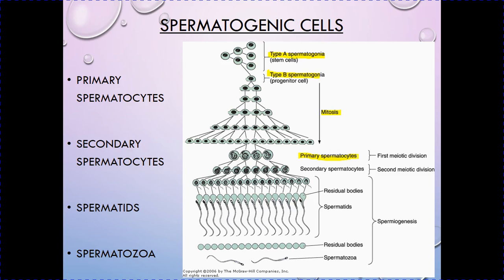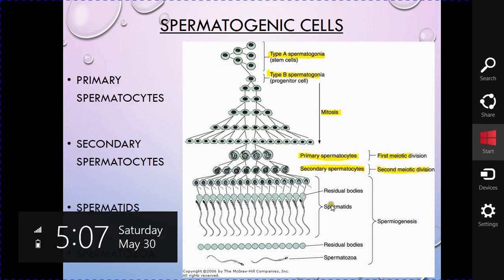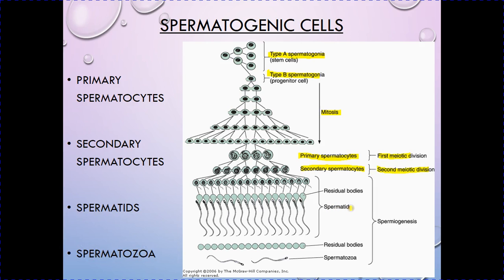Primary spermatocytes undergo the first meiotic division and form secondary spermatocytes. The secondary spermatocyte undergoes the second meiotic division to form the spermatids. The spermatids undergo a process of spermiogenesis. They lose their cytoplasm and finally form the spermatozoa.